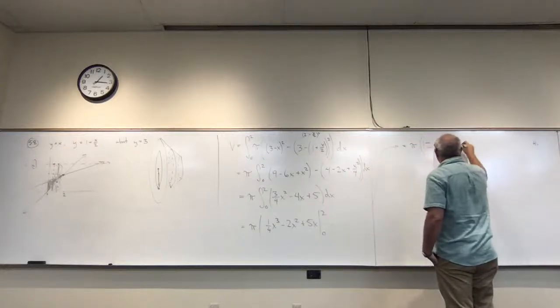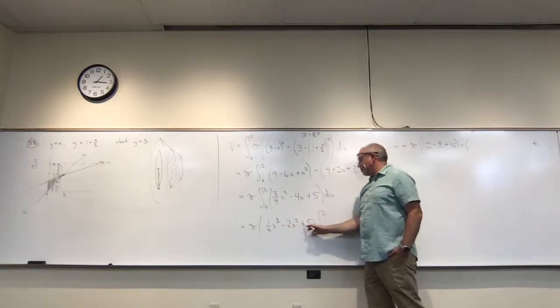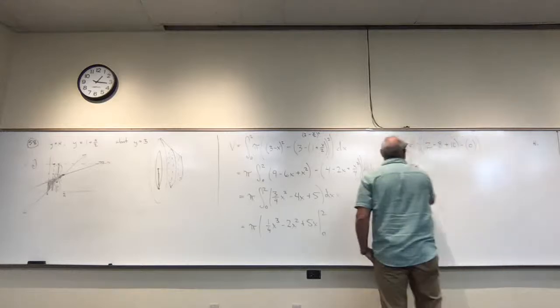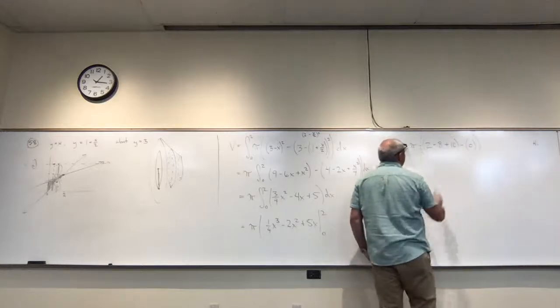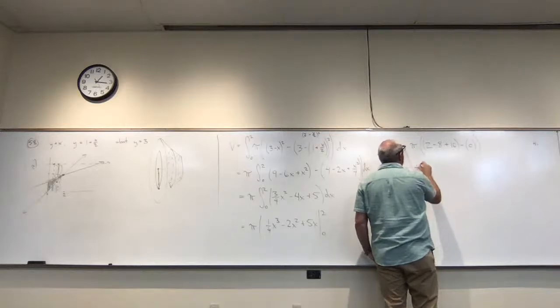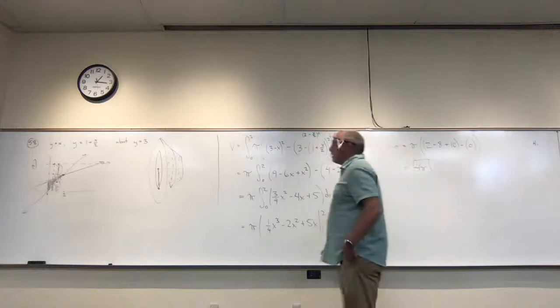All that minus, plug in 0 and I get 0, minus 0 plus 0, 0. So let's see what we got here. 10 plus 2 is 12, minus 8 is 4. So we get 4 pi.